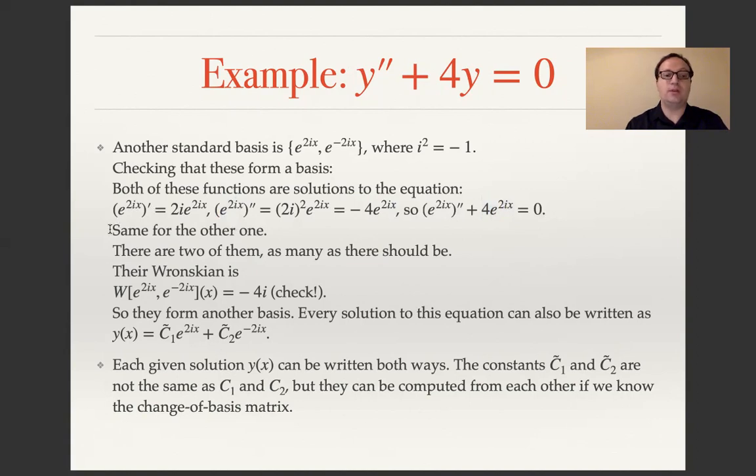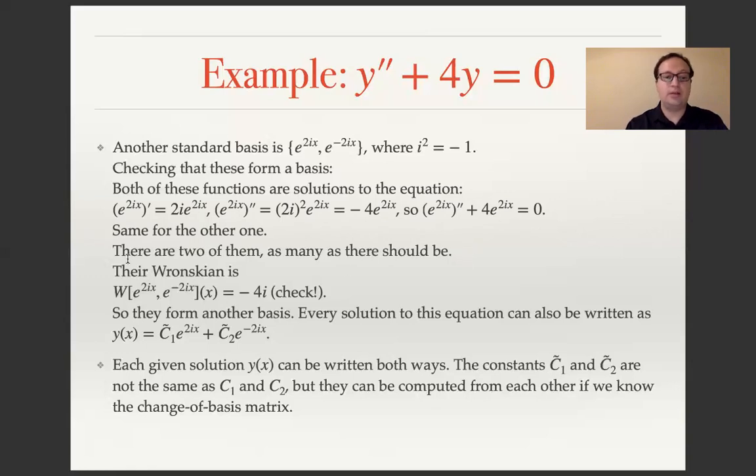So it really fulfills the equation. And same for the other one, e to the minus 2ix. I'll let you check that it fulfills the equation for the same reason, because (minus 2i) squared is also equal to minus 4. Okay, so these are solutions.